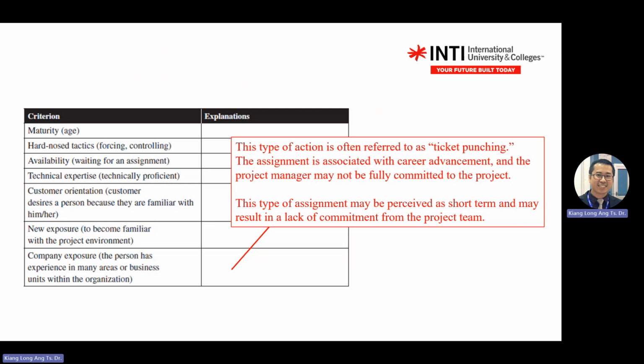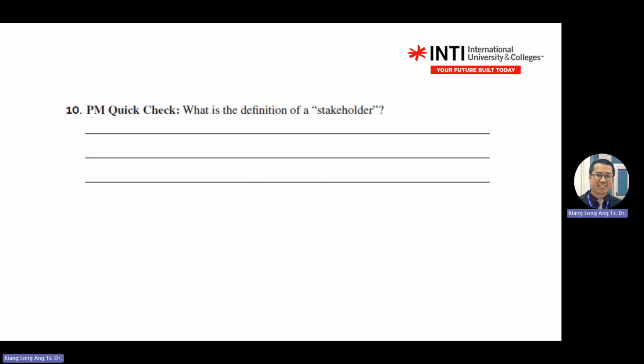The project manager may not be fully committed to the projects if they have too many skills. Sometimes that is also not very good. They might not pay attention to details, because in some areas they just touch something, but they do not go in depth into that particular subject.